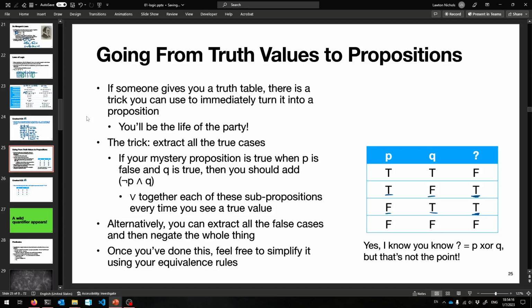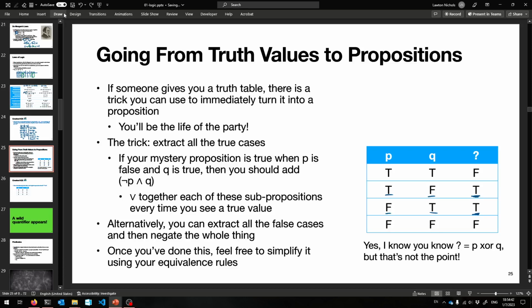If you take what I just said and write it down using our logical rules, you have made the formula. So if your mystery proposition is true when P is false and Q is true, that's this case, then you should add that idea: not P and Q. Does that make sense?